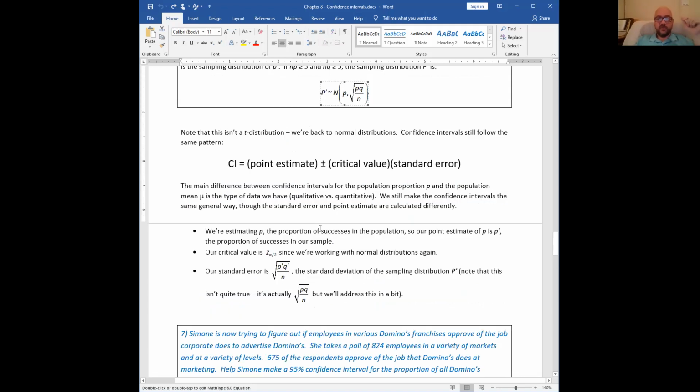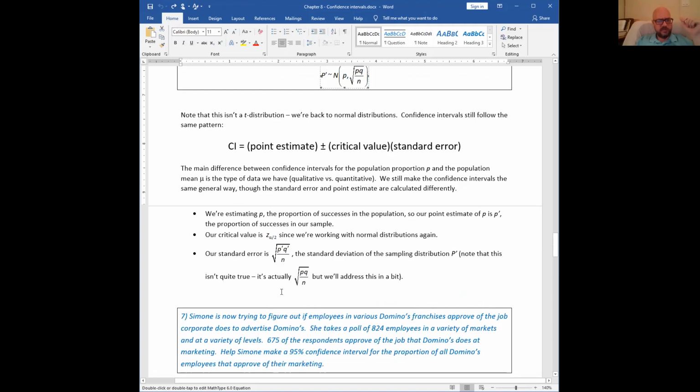I suppose I should write out the entire formula at some point. I'm surprised I don't actually have it in here, but let's just write it down. So we are still doing the point estimate plus or minus critical value times standard error.